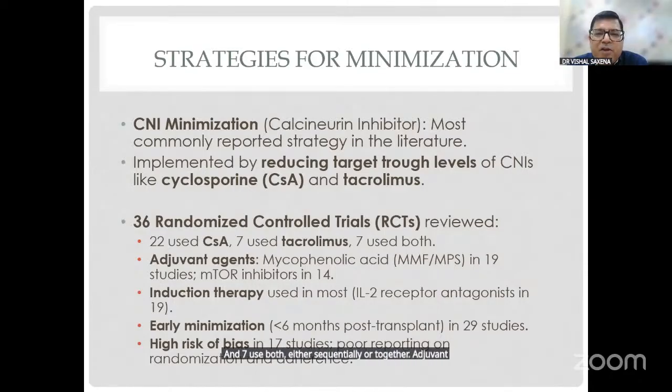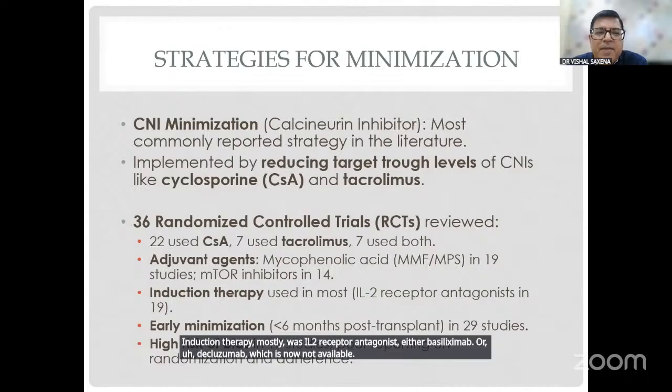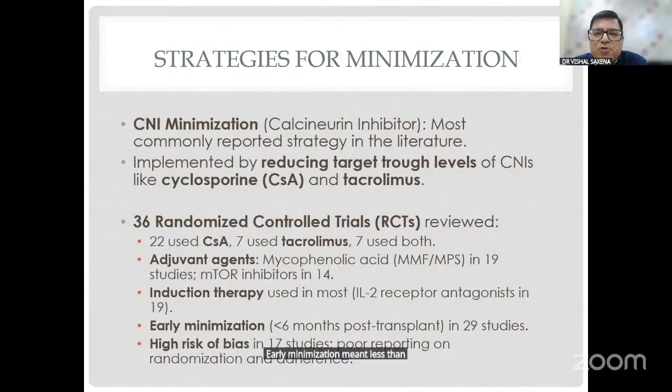Adjuvant agents were mycophenolic acid in 19 and mTOR inhibitor in 14 studies. Induction therapy was mostly an IL-2 receptor antagonist, either basiliximab or daclizumab, which is now not available. Early minimization meant less than 6 months post-transplant in 29 studies. There was a high risk of bias in 17 studies, with poor reporting on randomization and adherence.